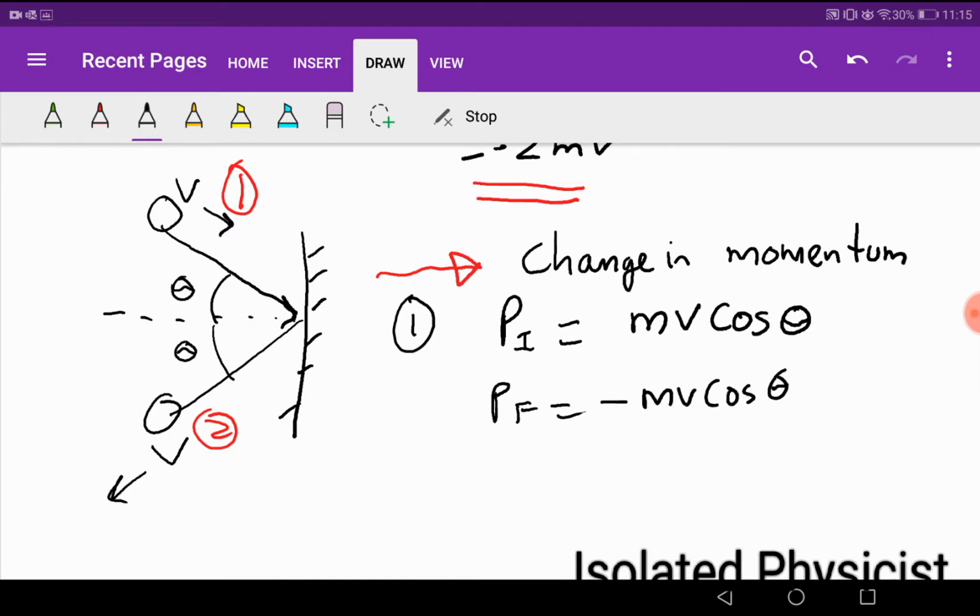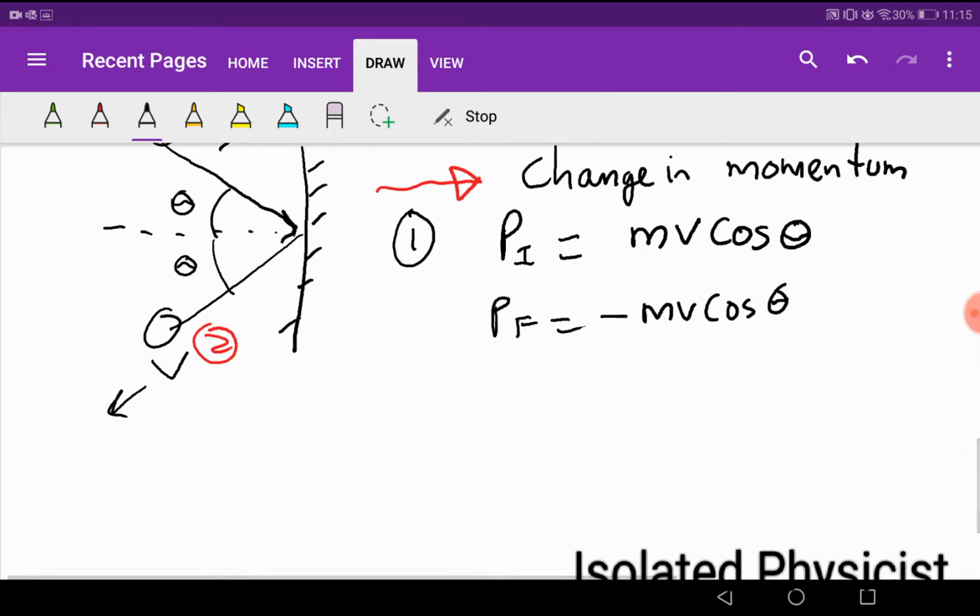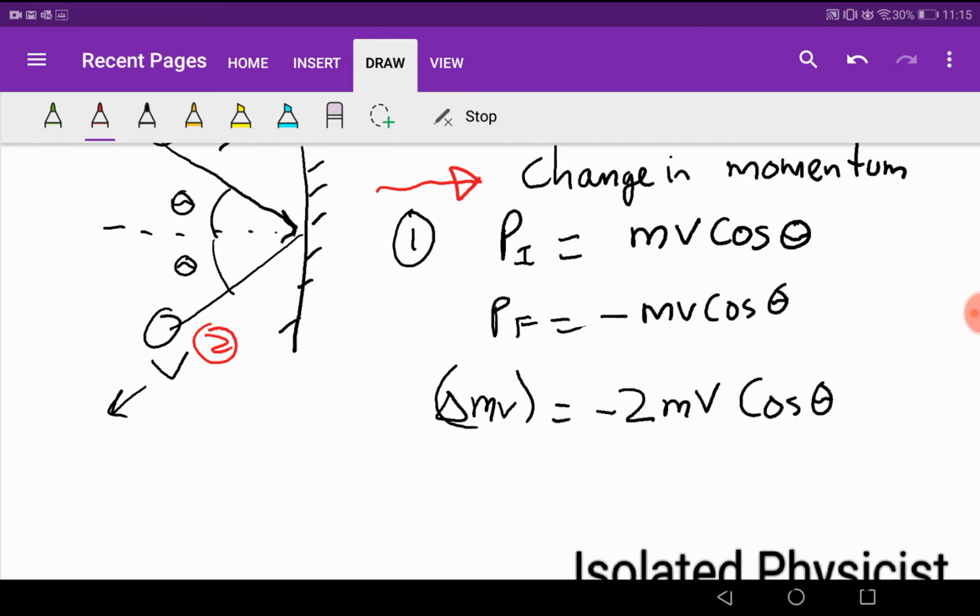So you can see very easily that the change of momentum would be minus 2 mv cos theta. So that would be the change right there. So you have to be very careful when they're coming in at an angle.